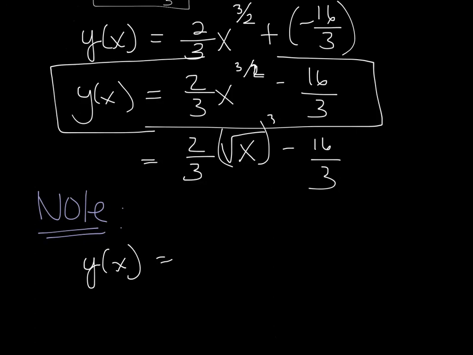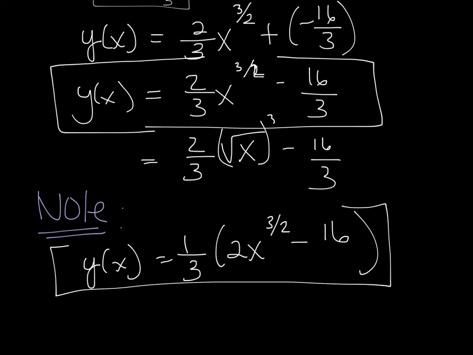If you factor out the third, you're just left with 2x to the 3/2 minus 16. And so that's the answer that the book has in the back. So if you're wondering, these are the same. You're just multiplying in a third, or again factoring out a third.